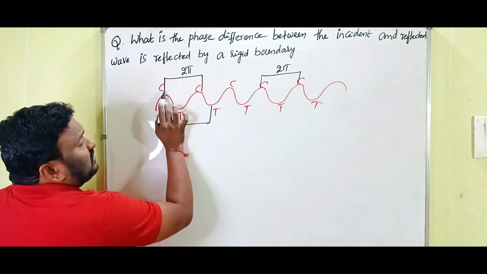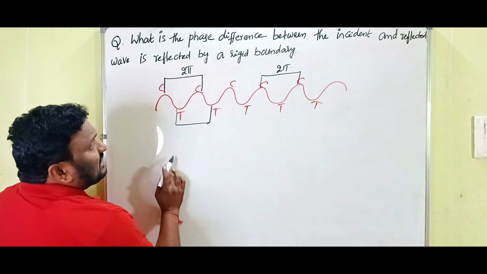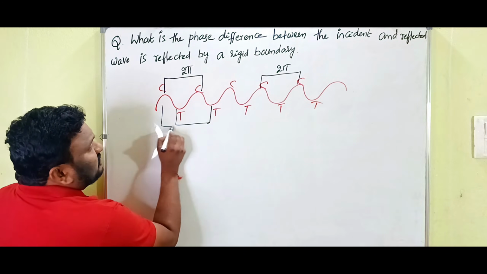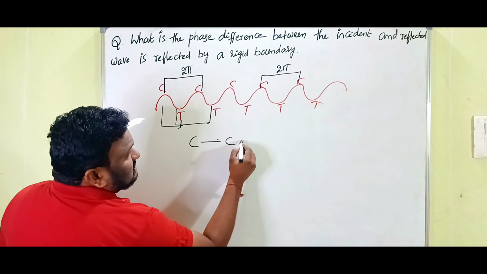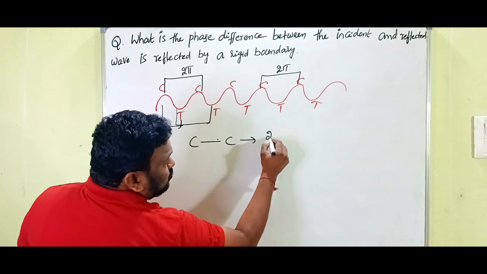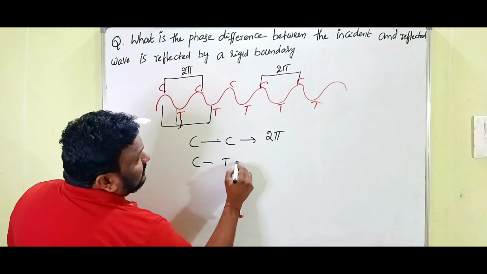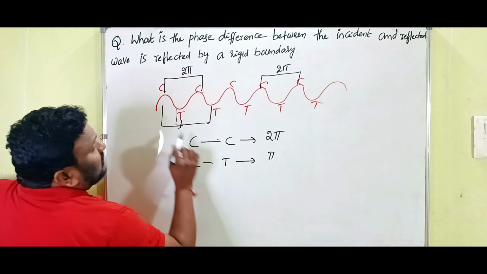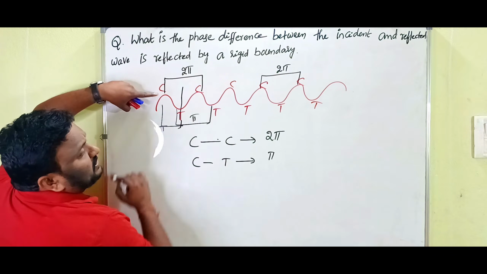So the phase difference between two successive crests is 2 pi radians. It means the phase between crest and crest is 2 pi radians. And if you take a consecutive crest and trough, it is nothing but pi. Here to here is 2 pi, and this is pi and this is pi.